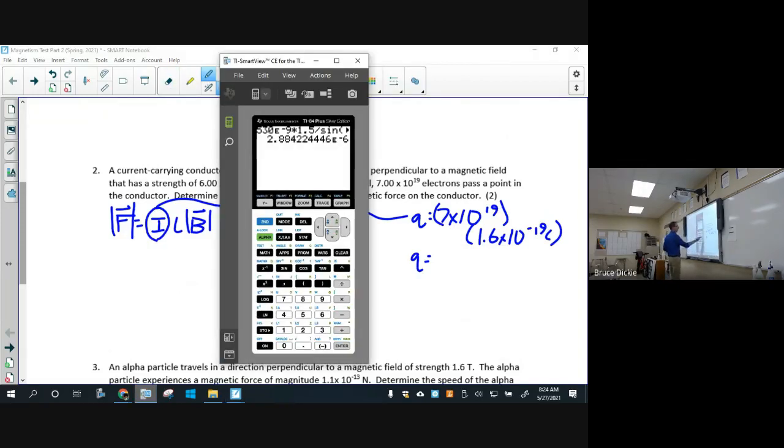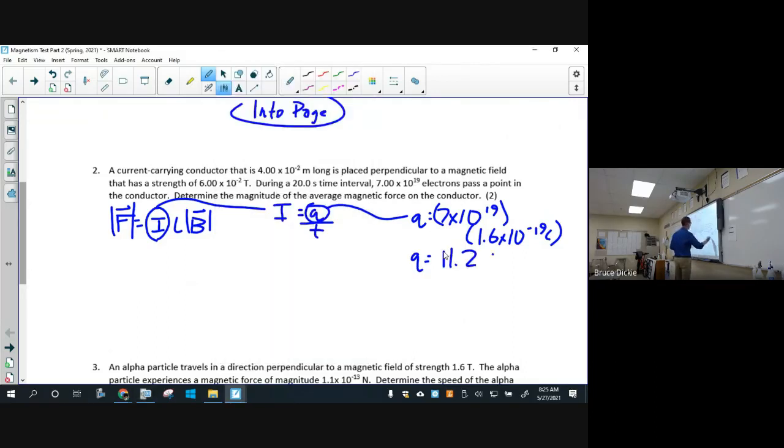Let's just pull out the calculator for this one. 7 times 10 to the 19 times 1.6 times 10 to the minus 19. That gives me 11.2 coulombs, which are going to sub back into here and divide by the time of 20 seconds.